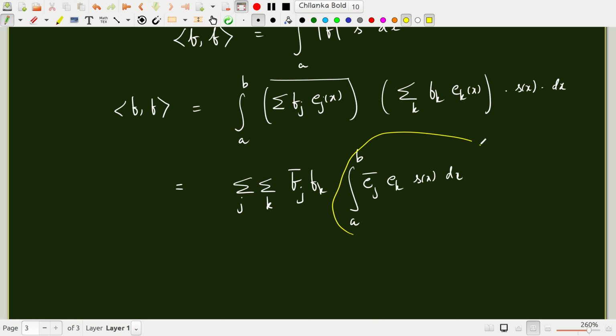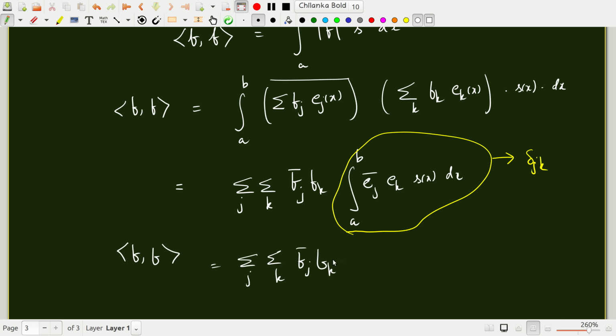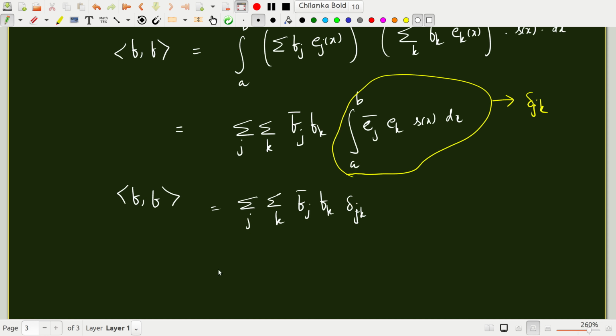Now if this is a set of orthonormal eigenfunctions, this integral will be delta_jk. So the inner product of f with itself is the sum over j, k of f_j bar f_k times delta_jk. The Kronecker delta is going to kill one summation, to give the summation over k of f_k bar times f_k, which is nothing but the mod of f_k, the whole square.